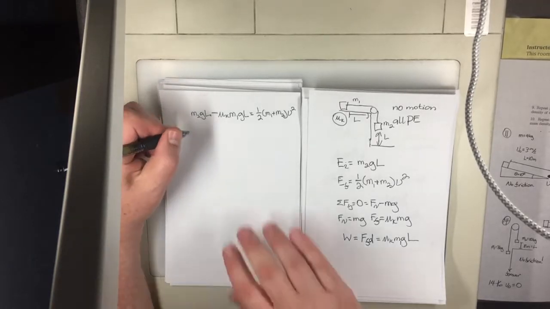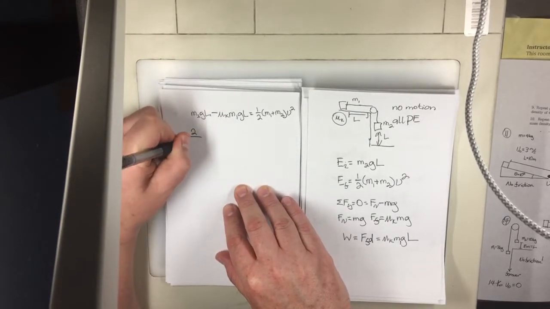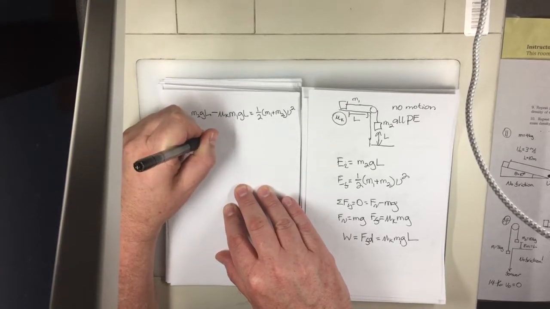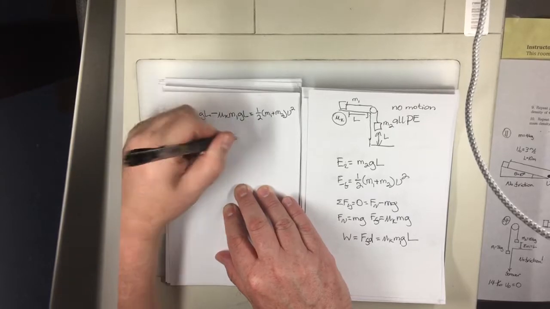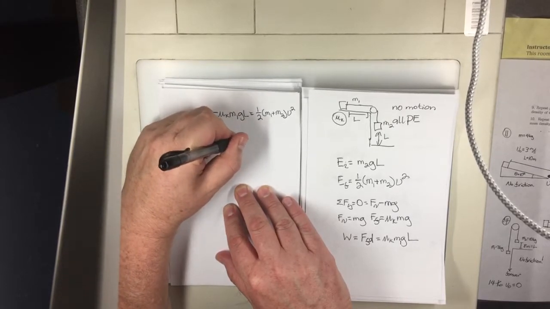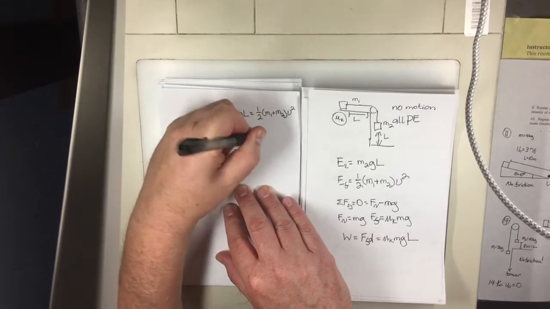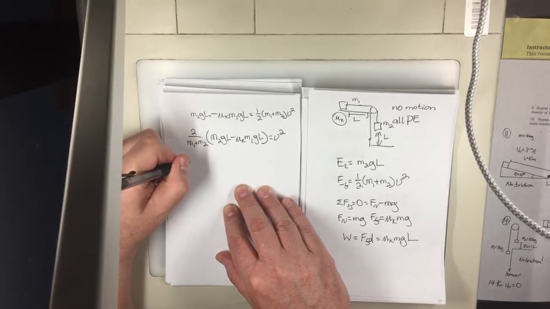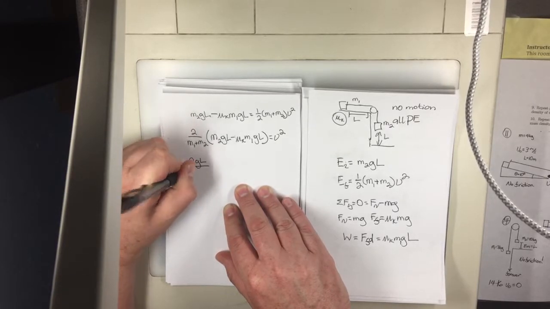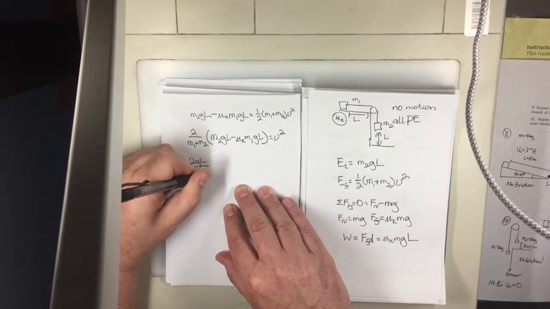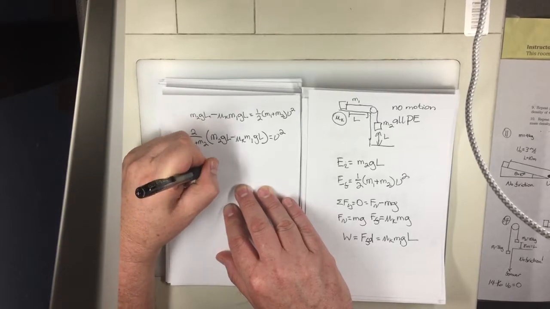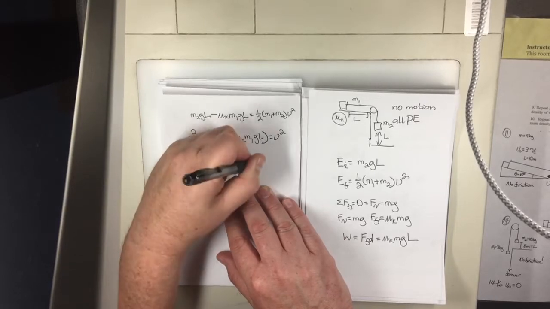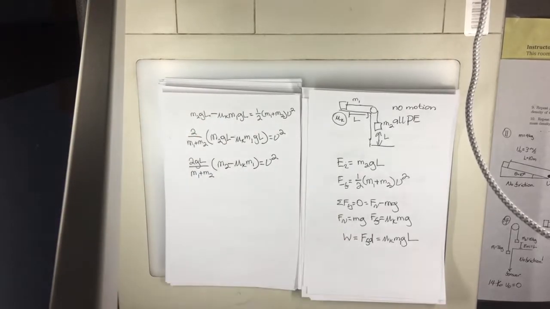Solving for V, 2 over M1 plus M2, I'm going to factor out some common terms. 2gL over M1 plus M2 times M2 minus mu sub k M1 is equal to V squared.